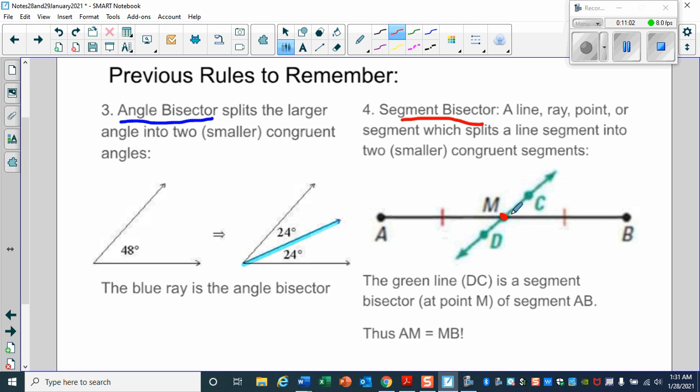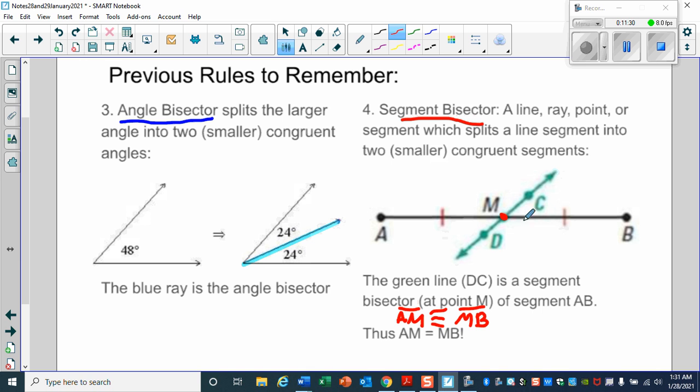A and B. So now we know that AM and MB are going to be congruent. That's from the definition. Or we could say AM is congruent to MB, but that also means their actual values.